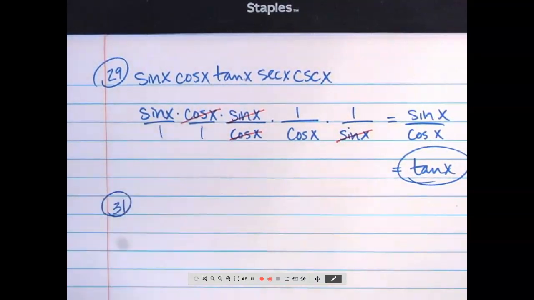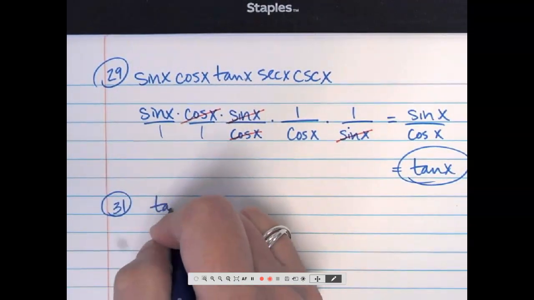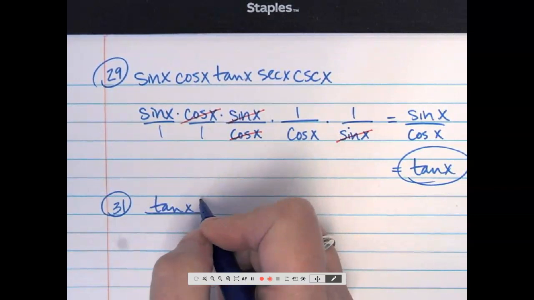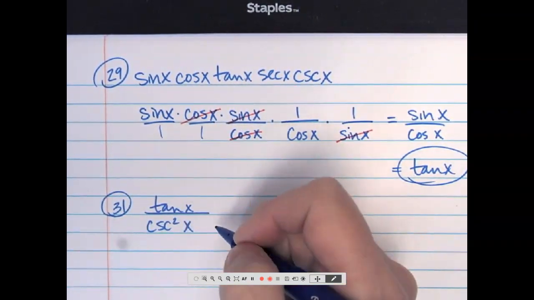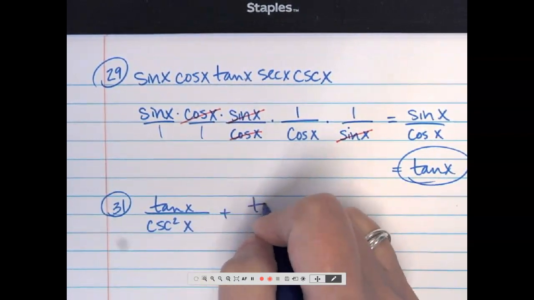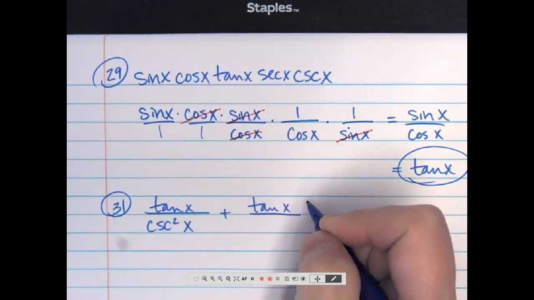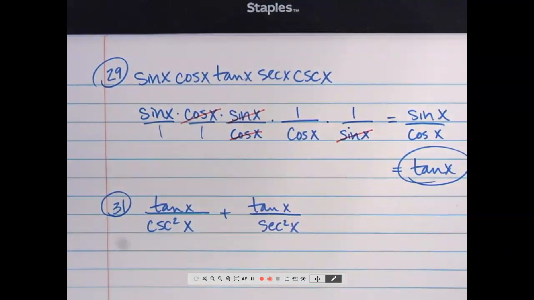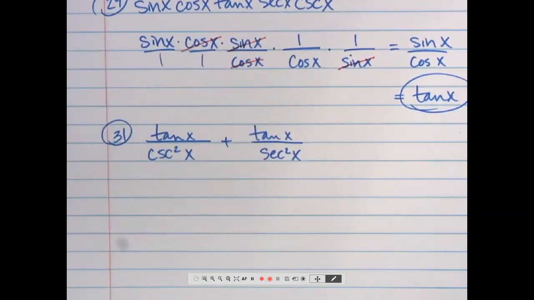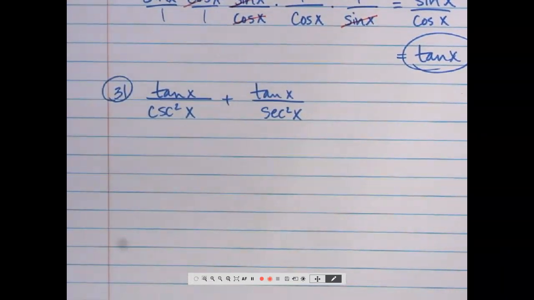Okay, 31. Tangent x over cosecant squared plus tangent x over secant squared. Okay, now this looks a little weird. What should we do with this? This is still in that group that says change to sine and cosine. So we got a lot of changing to do, like everything.